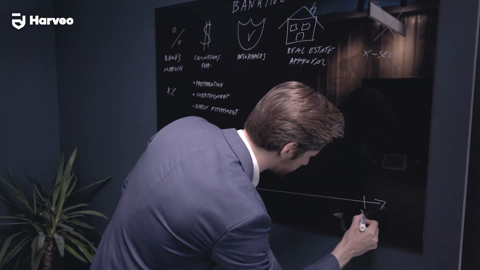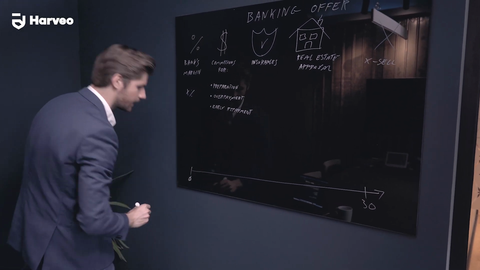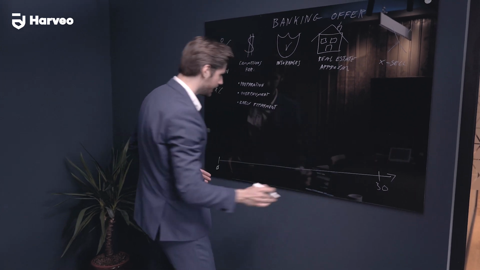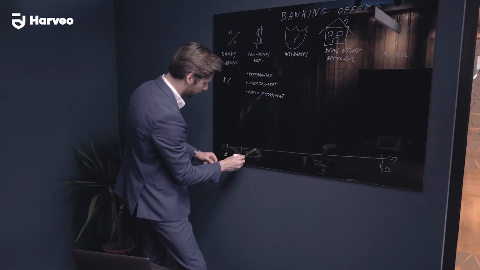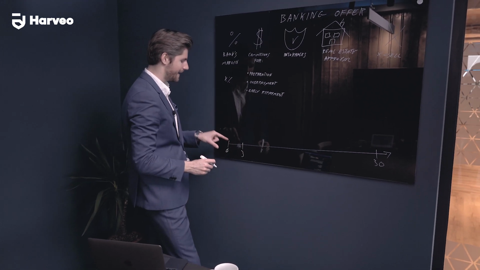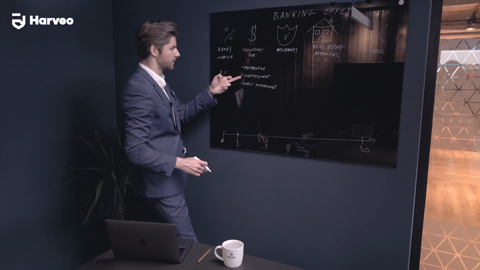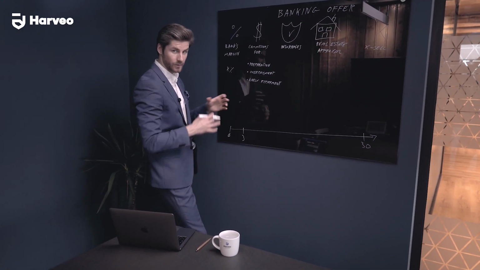Just for instance, this is 30, here is the start, here is 0. And if you took it for 30 years and you close it within the first 3 years, there may occur a commission as well for overpayment and early repayment in total. All right.